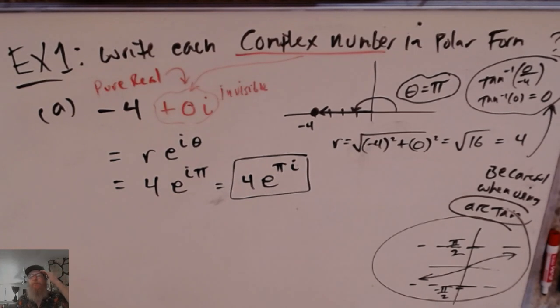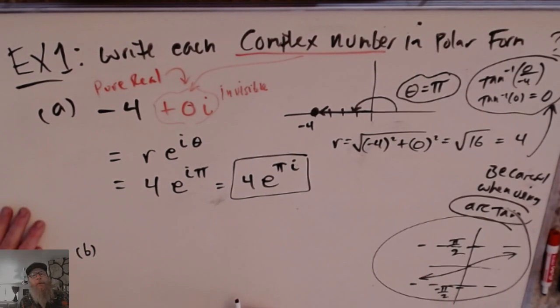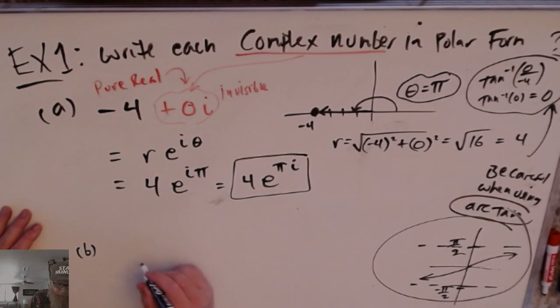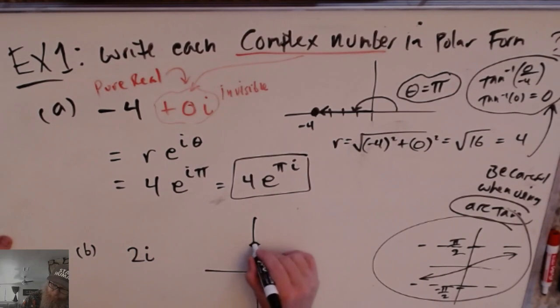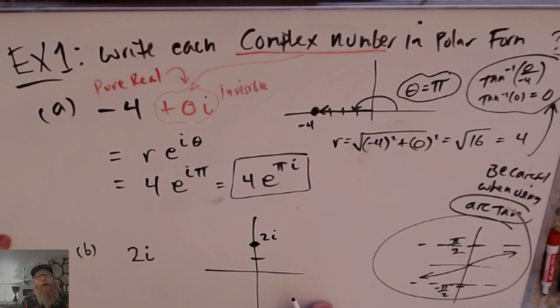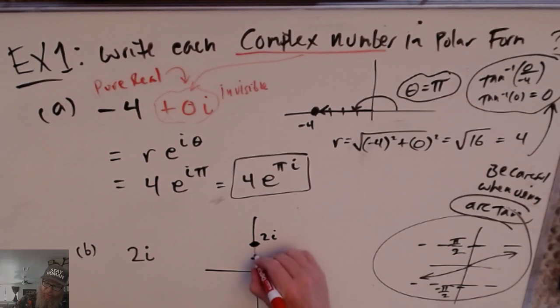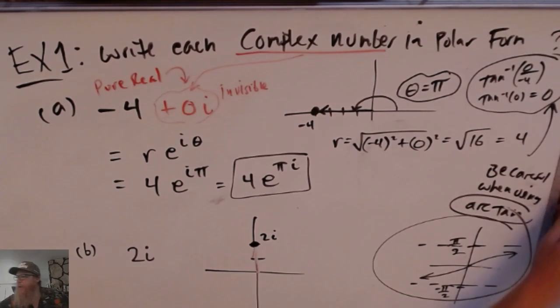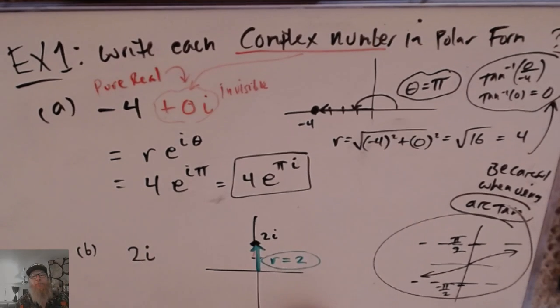So how about 2i? Again, if the point is either pure real or pure imaginary, you don't need to use the formula for modulus. r would just be 2.